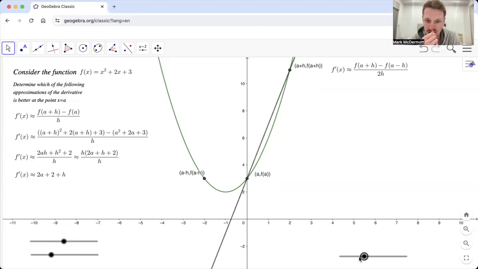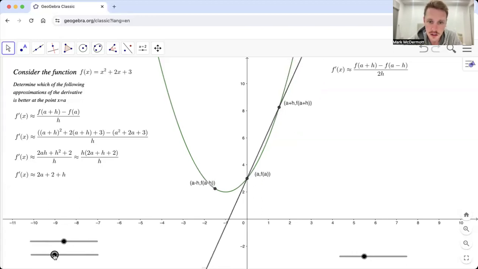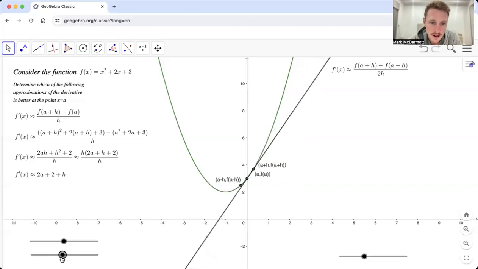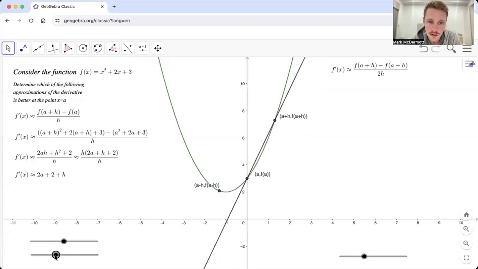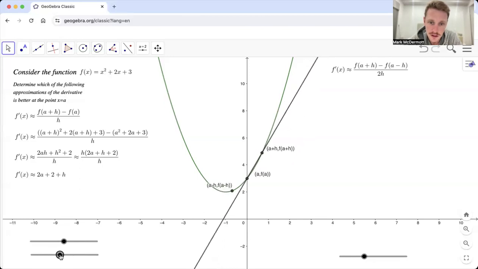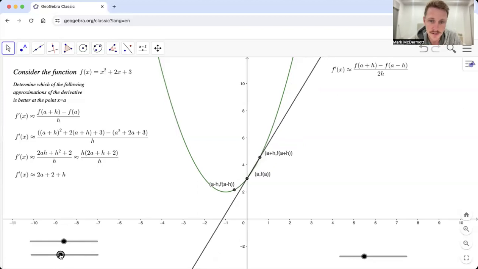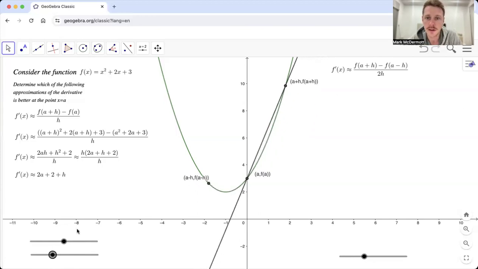It's going to look something like that. And basically, as h gets small, this line gets closer to approximating the gradient at a. We're just ignoring this part for now. You'll see why that's there in a minute. But you can see, as h gets really small, gets closer to a, the gradient of that line approaches the gradient of the function at a. Okay, so let's put that back there.